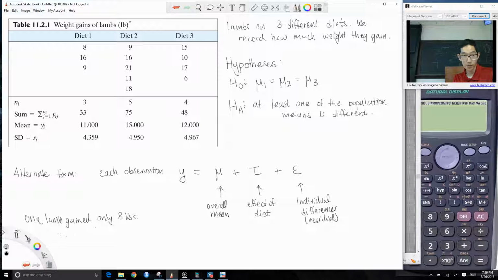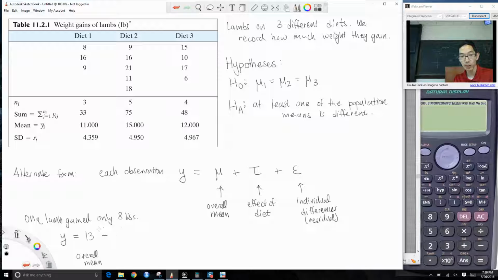So we would say y, the 8, is equal to the overall average, which is 13 pounds. And then if we compare diet 1's mean, diet 1 is 2 pounds less than the overall average.